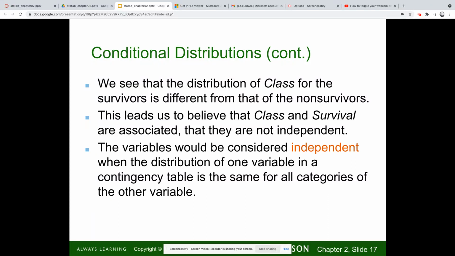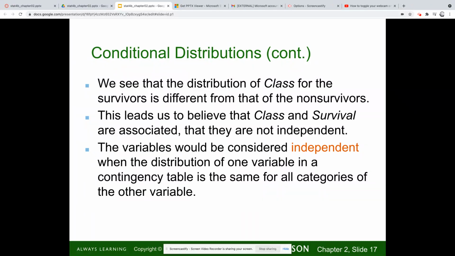All right. So, anyways, conditional distributions. We see that the distribution of class for the survivors is different than that of the non-survivors. This leads us to believe that class and survival are associated, that they are not independent. Variables would be considered independent when the distribution of one variable in the contingency table is the same for all categories of the other variable. So if they all had a similar percentage, we would say it doesn't matter.